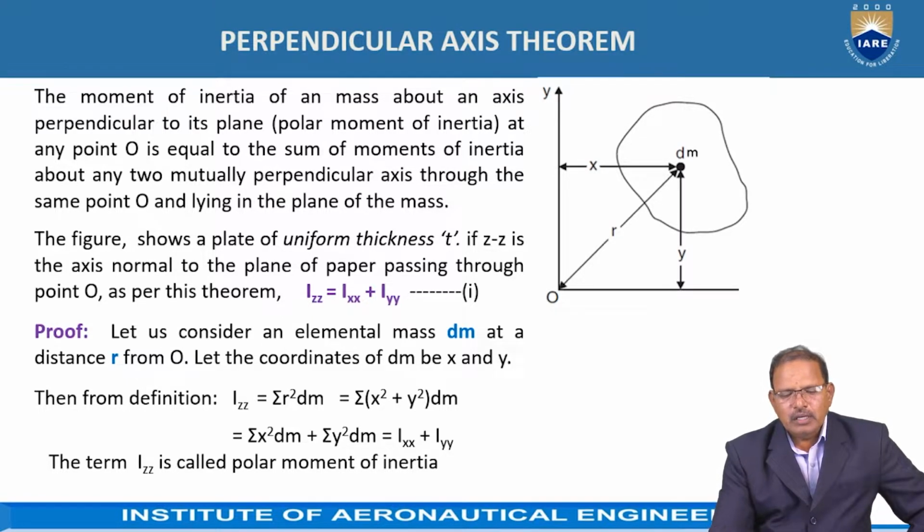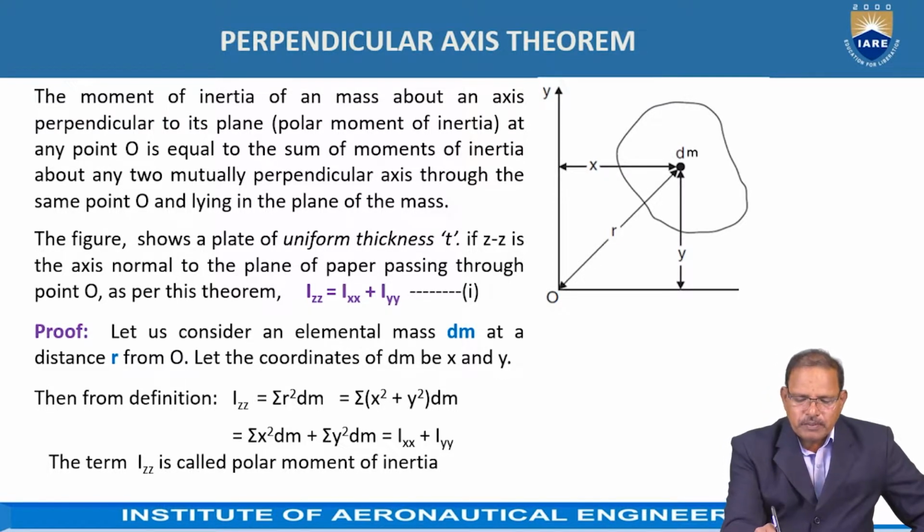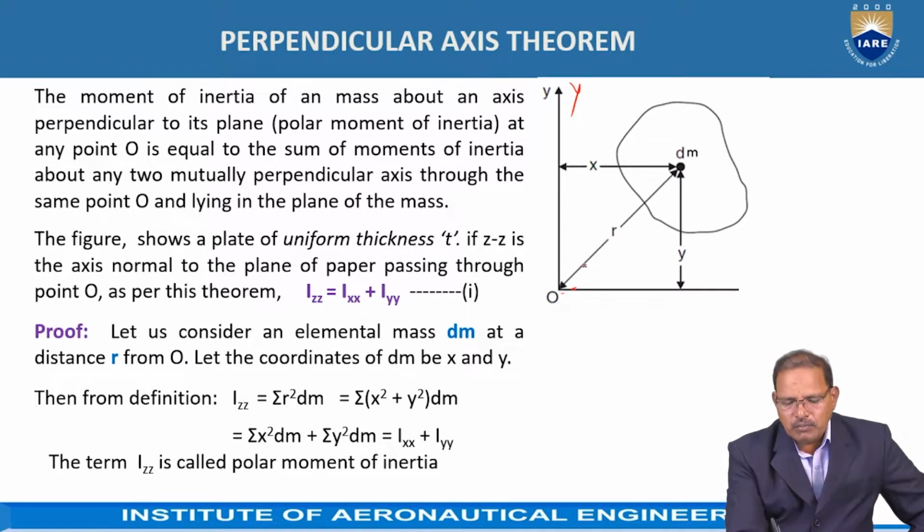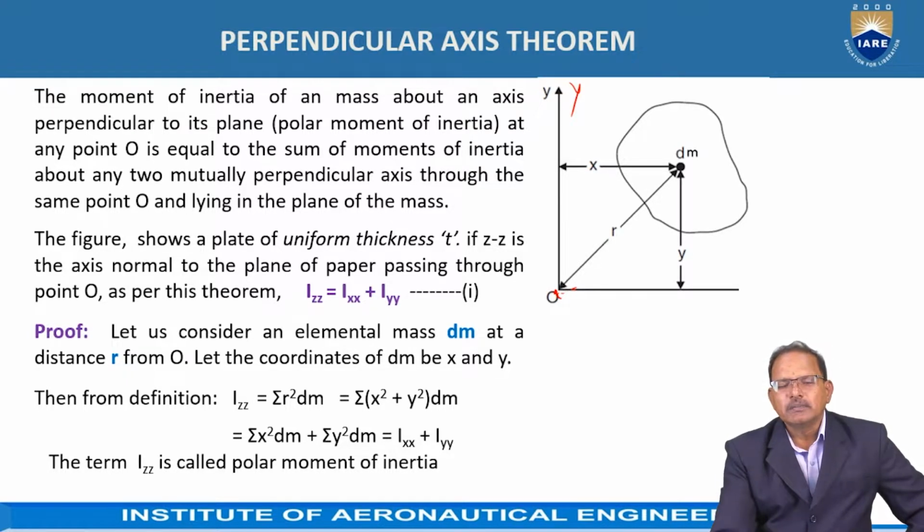Here, let us consider the moment of inertia of a body about the z-axis, which is perpendicular to the plane and passing through the intersection of two perpendicular axes, OX and OY. The moment of inertia of mass about the z-axis is called the polar moment of inertia, that is perpendicular to the plane of the body.